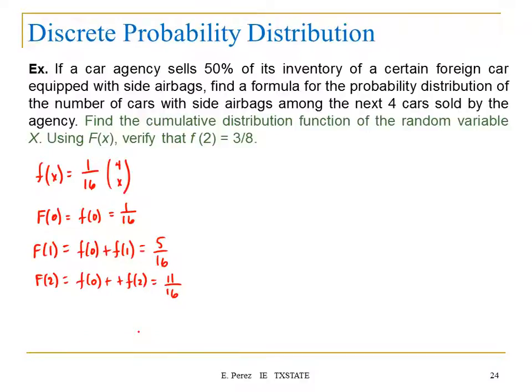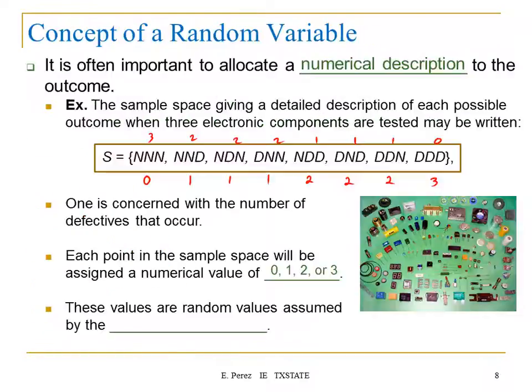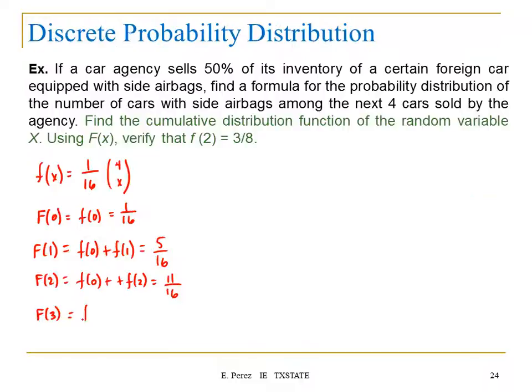Then we have F of 3, which is equal to f of 0 up to f of 3, 15 over 16, and then F of 4, and this is 1.